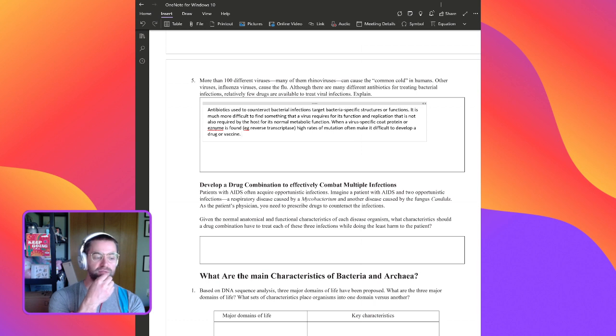So the COVID mRNA vaccines are a really fantastic, salient example of a viral structure that was highly conserved, meaning it changed very little from generation to generation in the virus's life cycle, becoming the target for a vaccination.